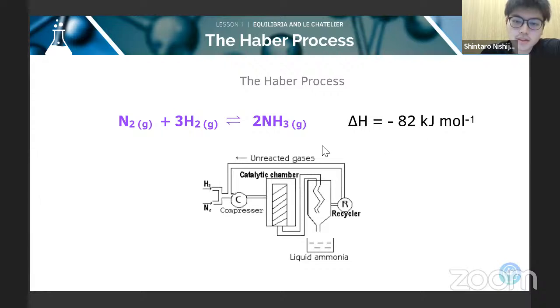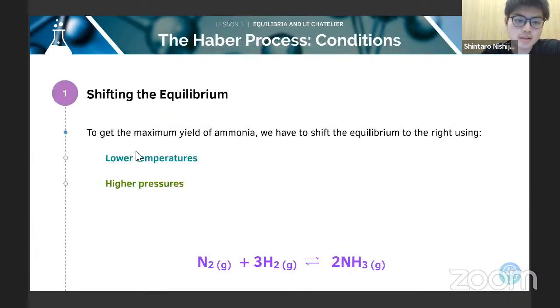If it's exothermic and you want to get the most amount of ammonia, you want to shift the equilibrium to the right in the exothermic reaction. That means that we want to lower the temperature because that's the opposite, right? I imagine exothermic like burning wood. Burning something is exothermic. That raises the temperature of the room. You want to do the opposite of that. So lowering temperature would be the way to get the maximum yield.